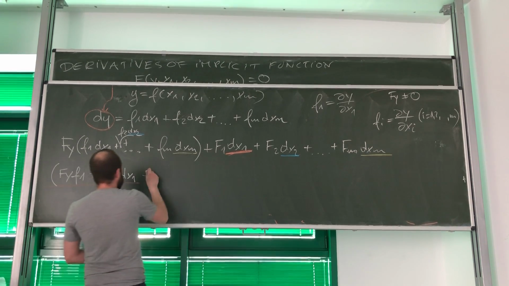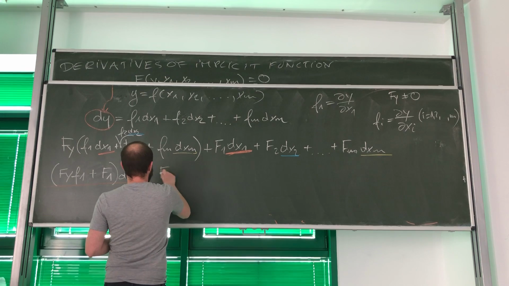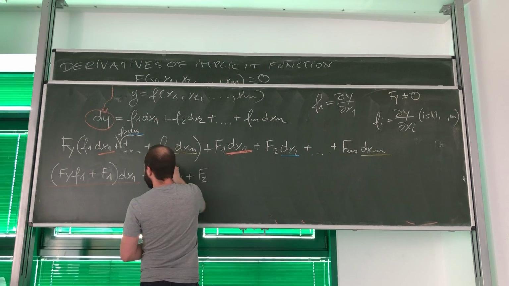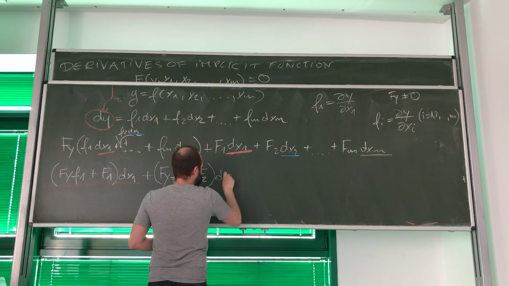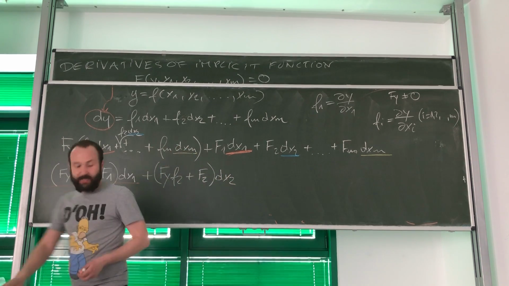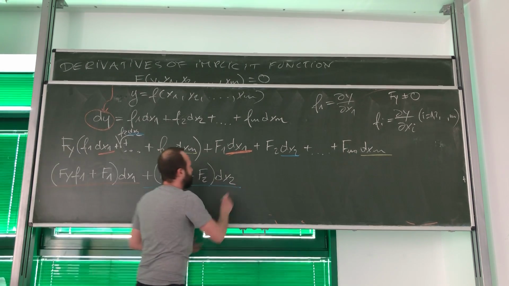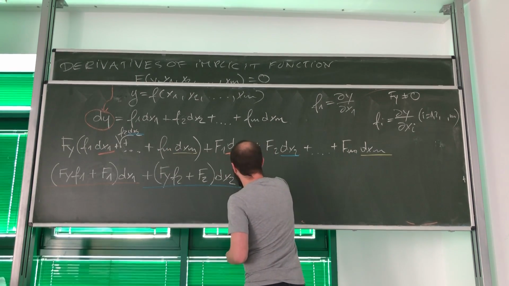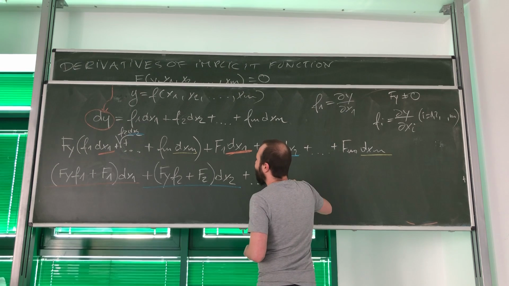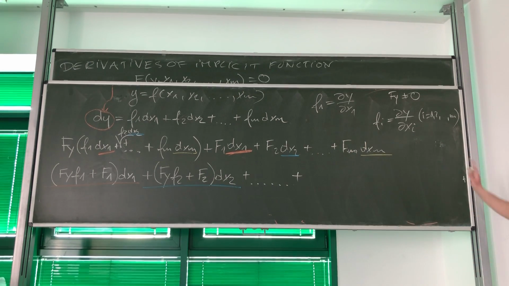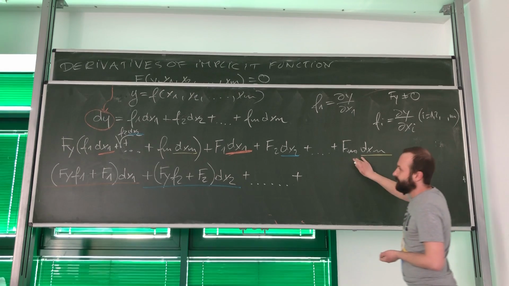Then we will have the second one, fy times f2 plus f2, whole thing times dx2, right? Now we've got all the expressions with dx2. And we would go on like this until we would arrive at the last expression.